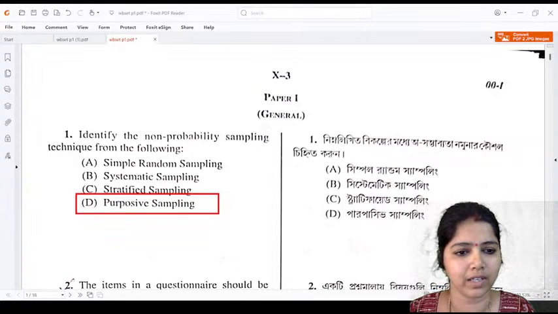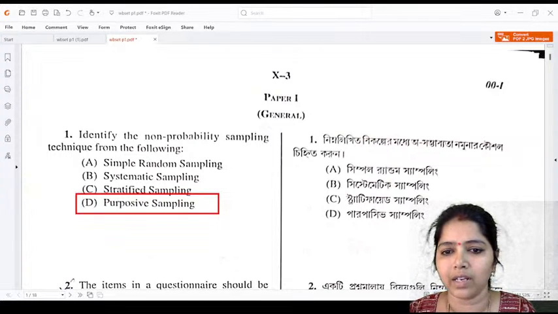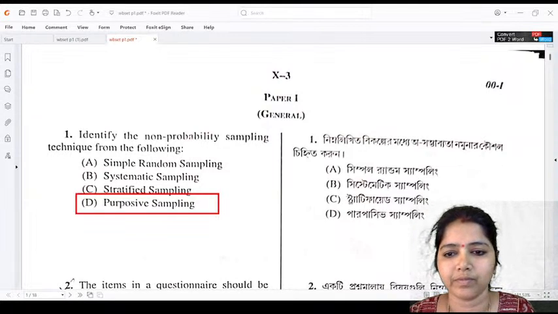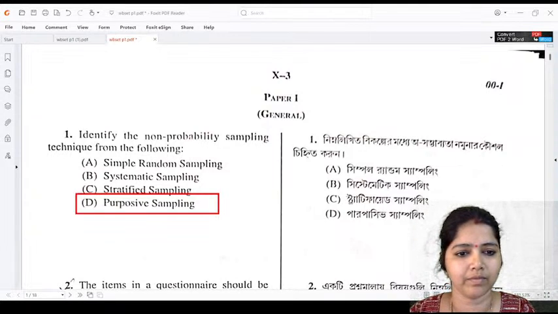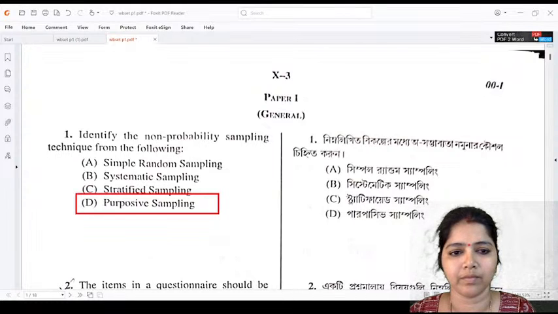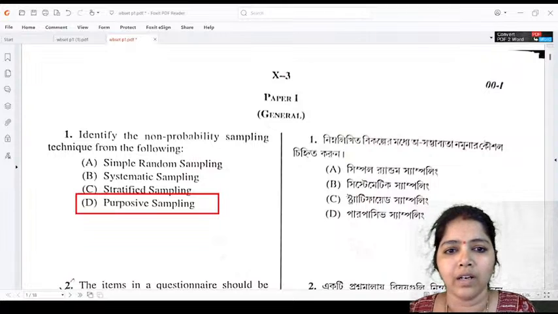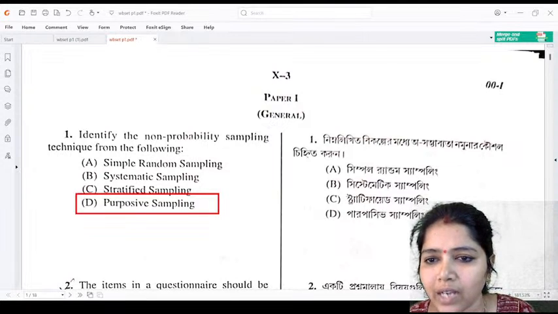Yes. Is the screen visible, learners? Okay, we will start, Rubaya.